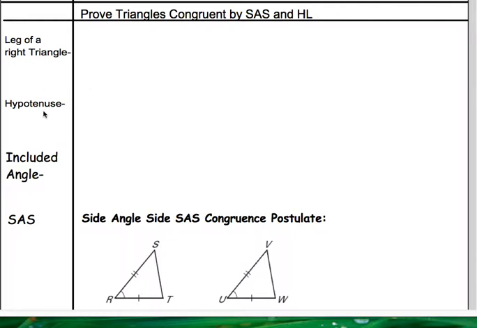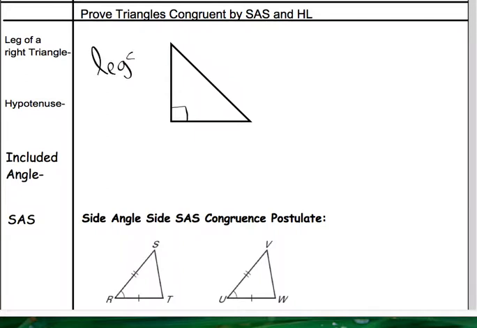We've got leg of a right triangle and hypotenuse. I think you already know what those look like, but just to talk about them, I've got a triangle here. It's a right triangle, so I'm going to add a right angle here. In a right triangle, the legs are surrounding the right angle all the time.